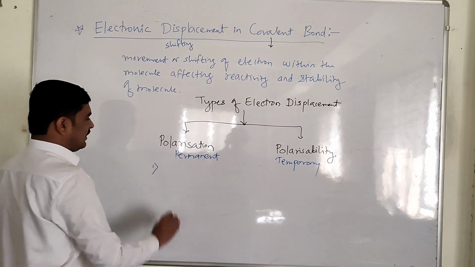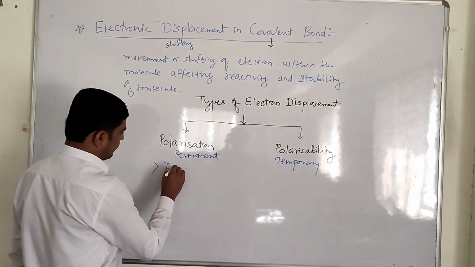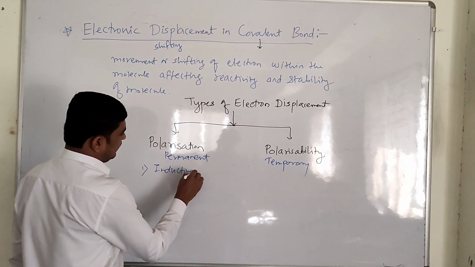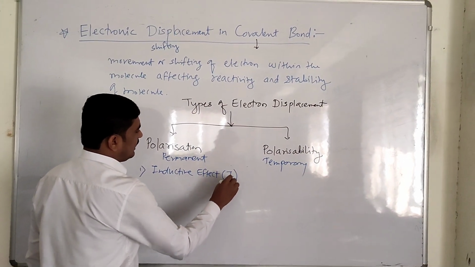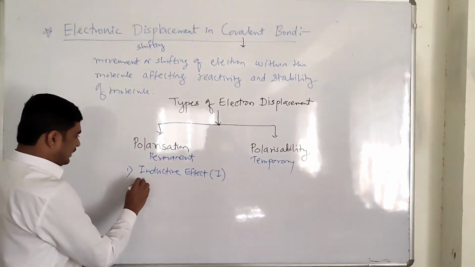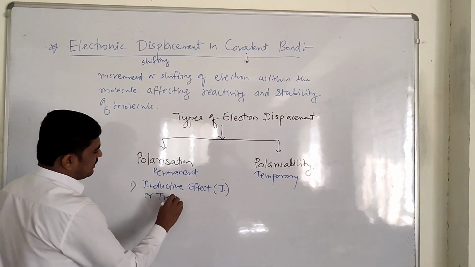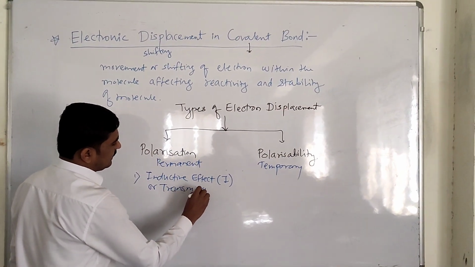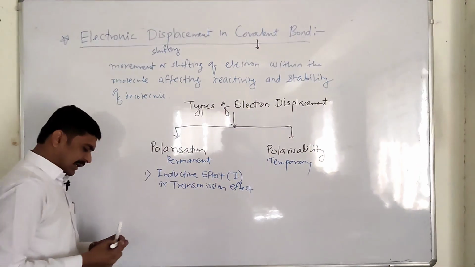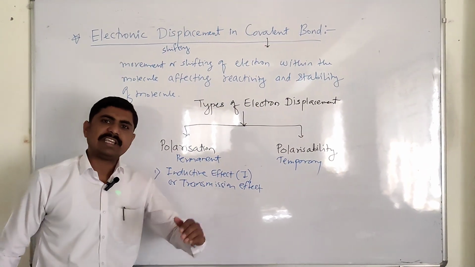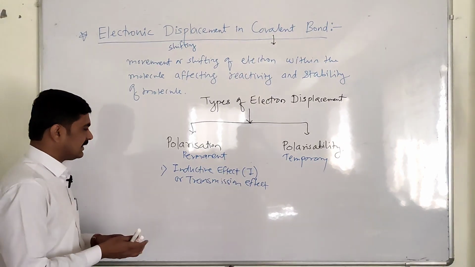Polarization is again divided into types. The first is the inductive effect, which is a permanent and very important effect. We call it the I effect, and it is also called the transmission effect, because the inductive effect is transferred through the sigma bond from one atom to another atom.